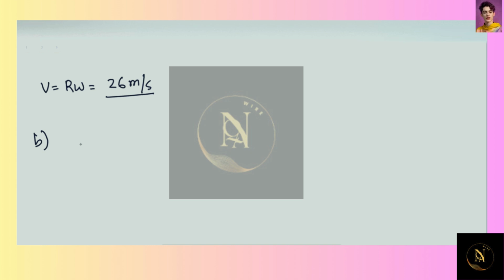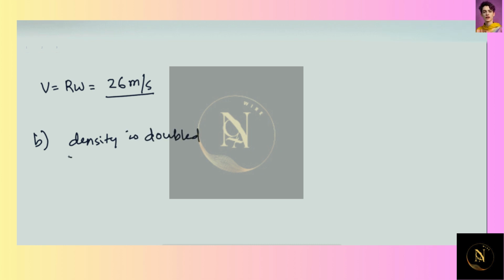Now in part B, it asks how the answer changes if the linear mass density and the diameter of the wheel were each doubled. So let's say the density is doubled.